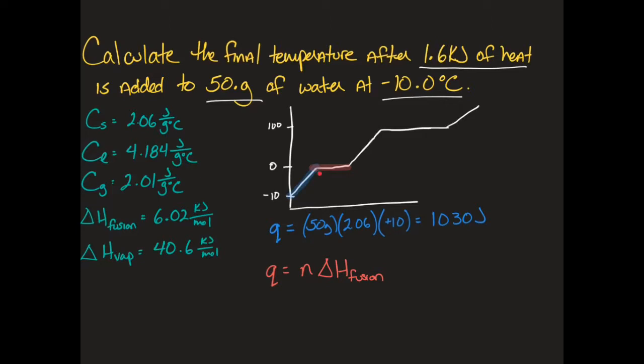And it's fusion because this is melting here, right? Vaporization, boiling is up here. This is melting, so fusion. Our number of moles of water is the 50 grams divided by the molar mass. It's like 18.02 grams per mole. And the enthalpy of fusion, given over here on the left side, is 6.02 kilojoules per mole.